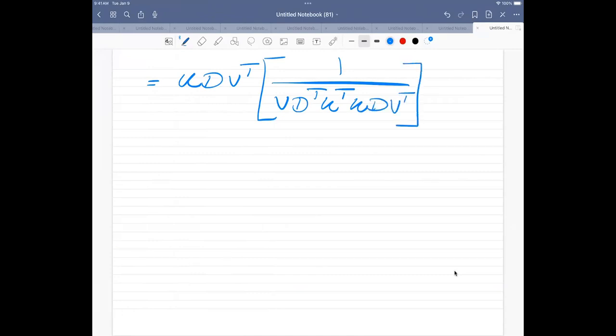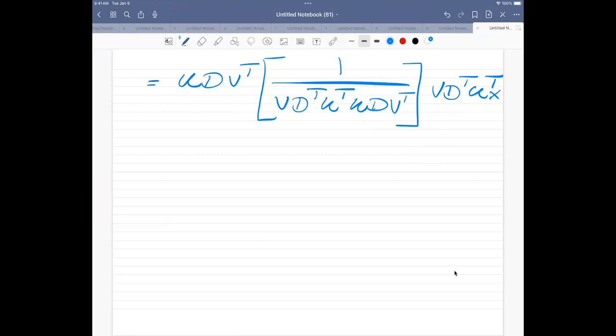And then I have the transpose of the matrix, so I have V D transpose U transpose multiplied with a vector. So I should try to squeeze that in here, like that. That's the original input which we had.